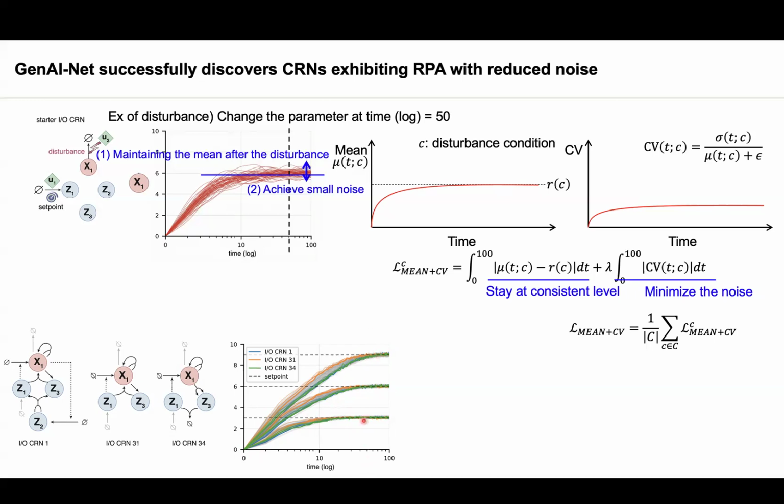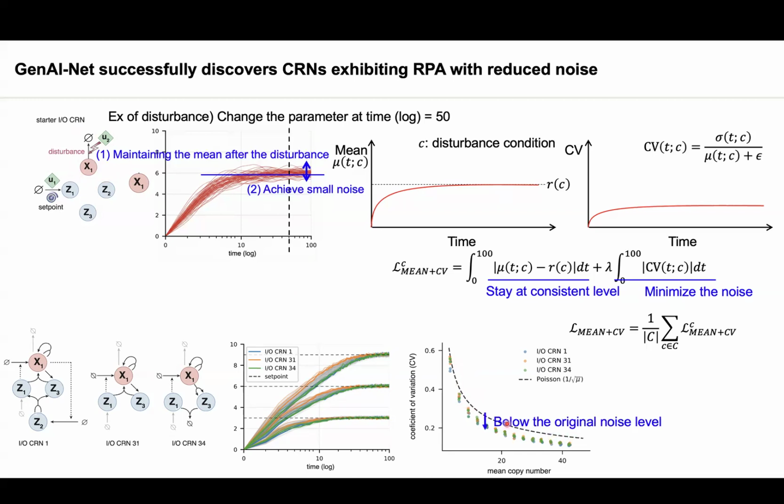The perturbation point is around here. And if we compare with the CV of the original network, which is just the degradation of X1, it is smaller than the original noise level.